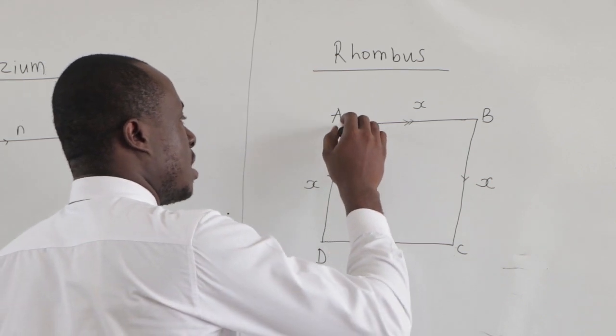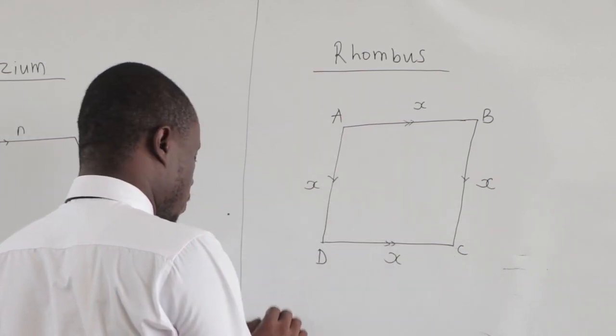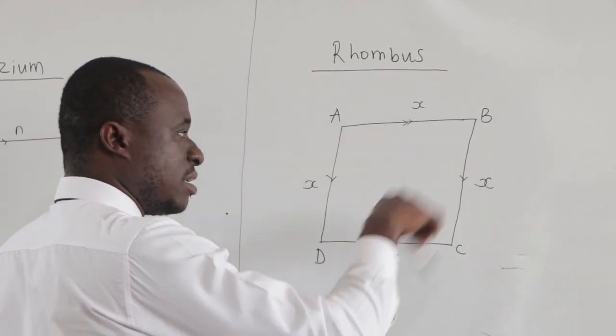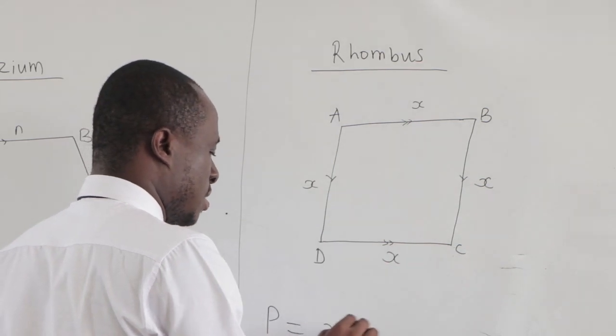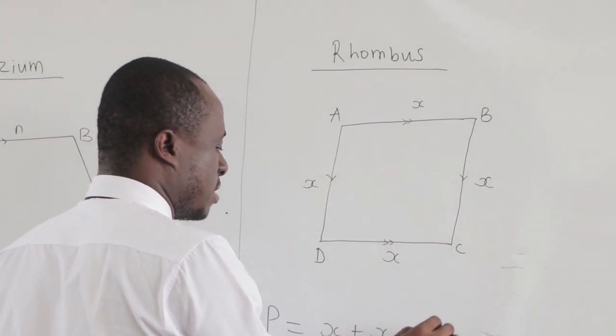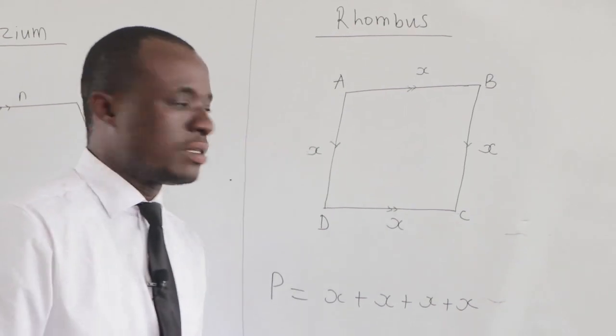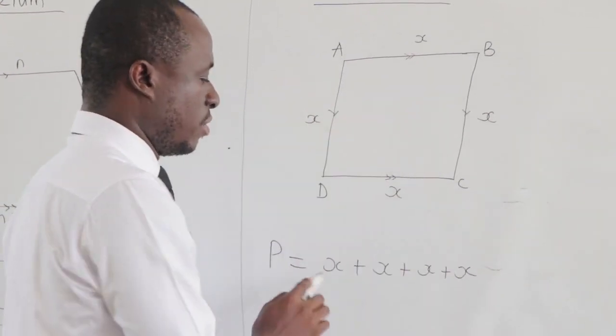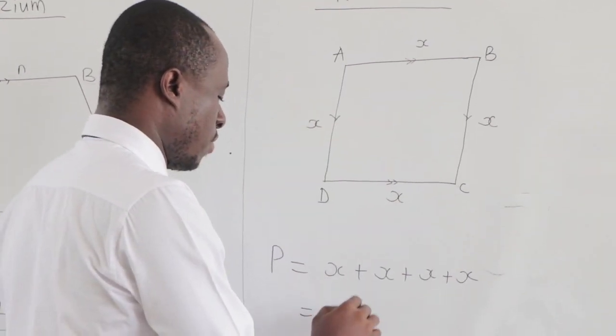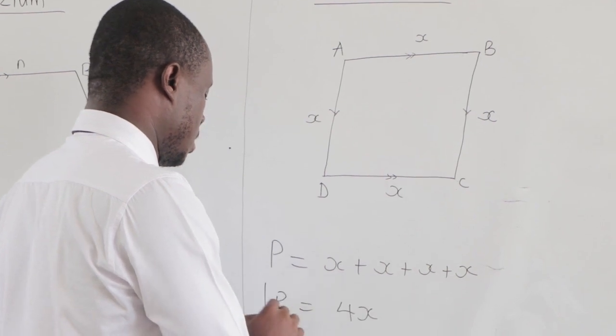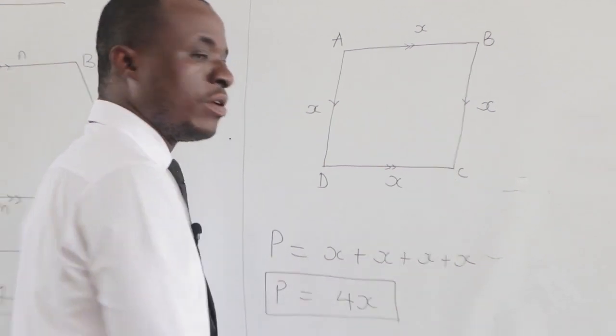So if we want the perimeter, total distance around it, so that is X plus X plus X plus X. That is 1, 2, 3, 4. Clearly, what do you have? We have 4x. So that is the perimeter of a rhombus.